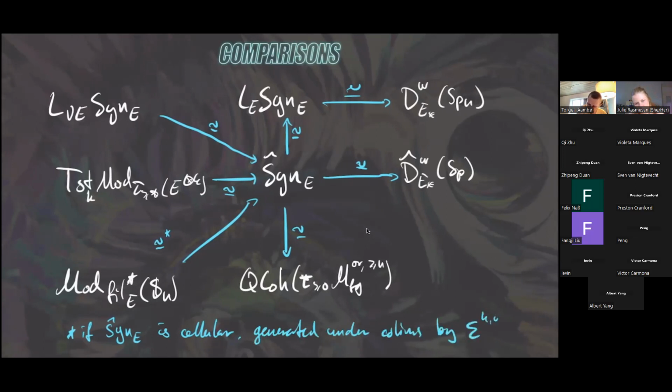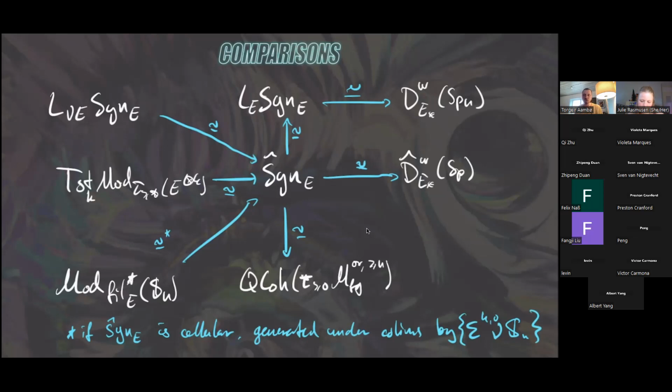This is a technical condition, but it's something that at least I expect to be true. And I haven't been able to prove it yet, but hopefully in the future there will be a proof.